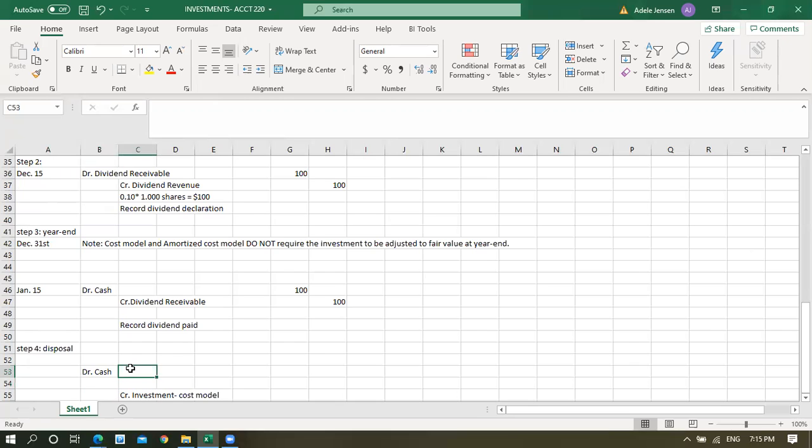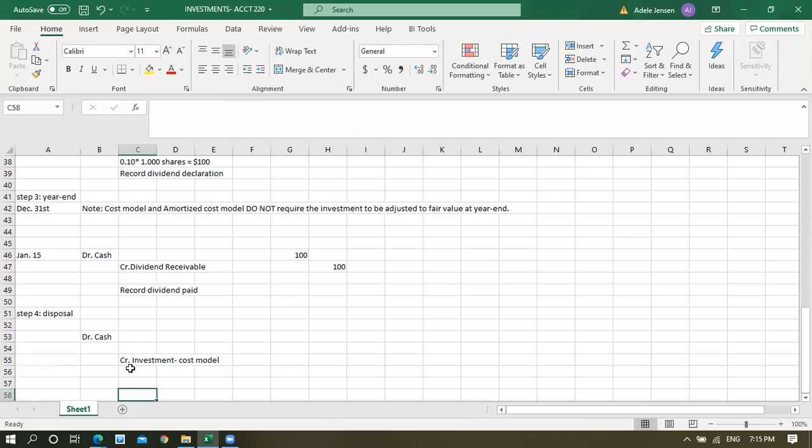Okay, but for cash, actually, let's just write it right here. It's going to be $5.08. That's our proceeds times the 800 shares, not the 1,000. We're only selling 800. Okay, and so then that will give us cash proceeds of $4,064.